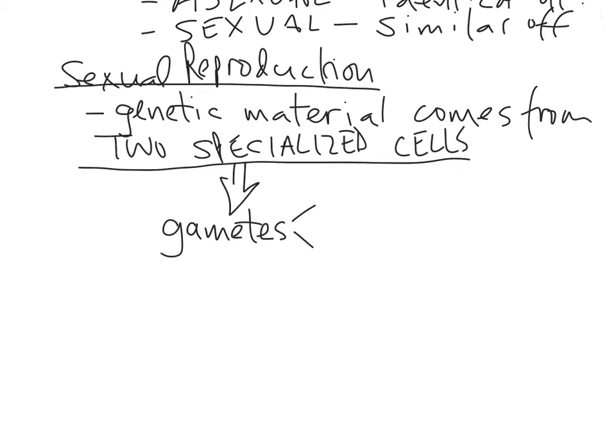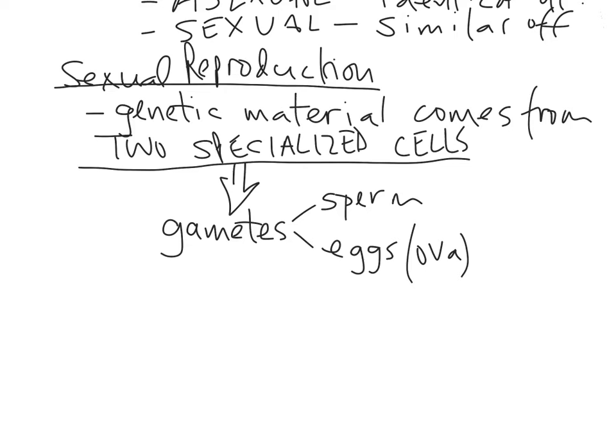We have the male gamete, which we would call sperm, and the female gamete, which we would call eggs, or if you want to be really fancy, the ova. Those are the two types of gametes that you'd find in most higher animals.